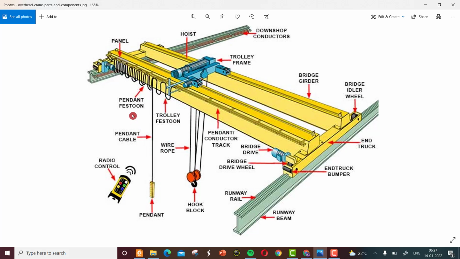Pendant cable, trolley festoon: these are minor details we don't need to understand as structural engineers. There will be a rail over the gantry girder to facilitate the easy movement of this bridge girder, and also rails over the crab for facilitating the movement. These are the details which we need to know.